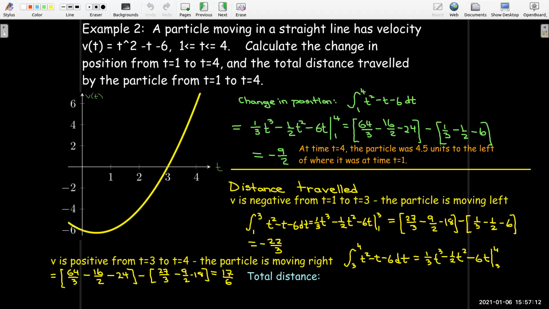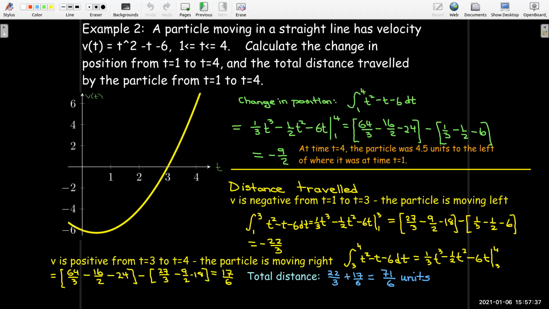So the total distance traveled would be the distance moved to the left plus the distance moved to the right, but without any signs. When we're looking at total distance, we don't care whether we're moving to the left or to the right, so there's no negative sign on the 22/3. So 22/3 plus 17/6 gives me 71/6 units traveled.